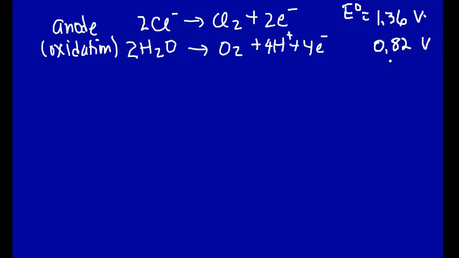The one that has the lower reduction potential has the higher oxidation potential. So what you would predict in this case is that this has the lower reduction potential, or the higher oxidation potential. You would predict that O2 gas would appear at the anode.